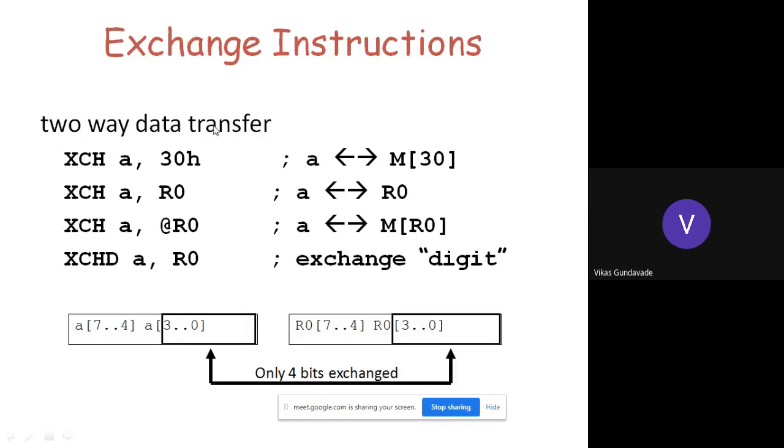So see here, this instruction is used to make the exchange between two registers, or register and memory location, or register and the address pointer location. Okay, so here, if suppose the instruction is XCH, it is the mnemonic of the instruction, XCH A comma 30H.